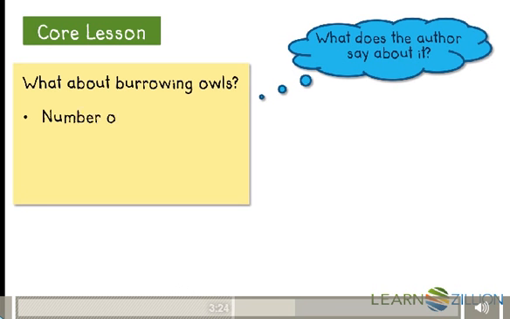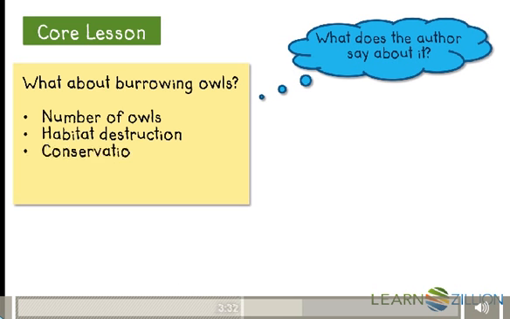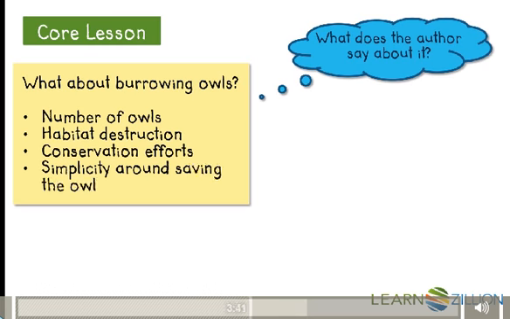So what about them? He talks about the number of owls in various places. He talks about habitat destruction, both generally and specifically in California. He talks about conservation efforts, again, on a national level and also in California. And he talks about the simplicity around saving the owl, both broadly and using examples.